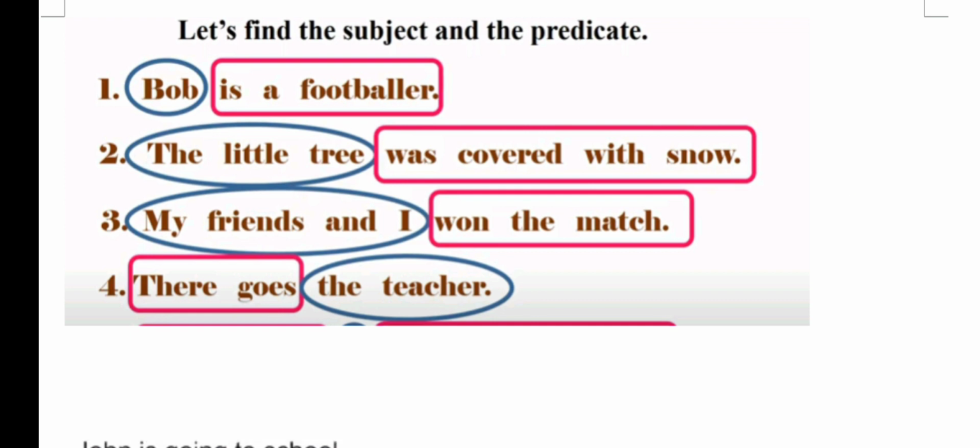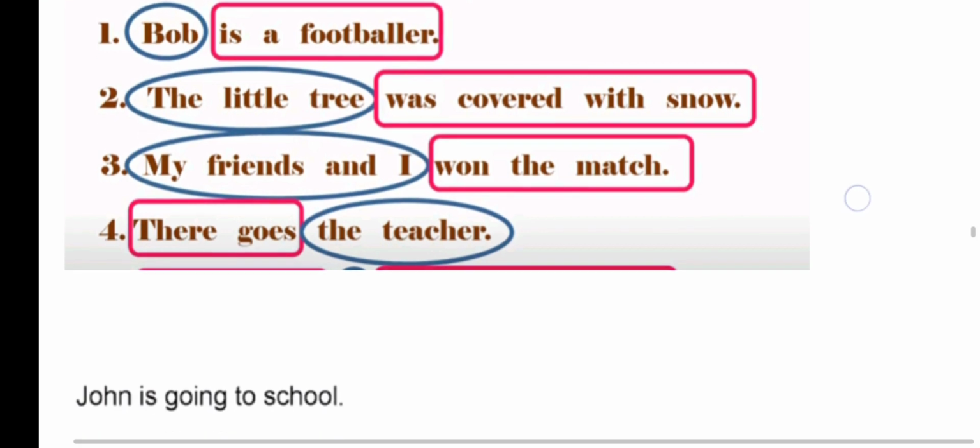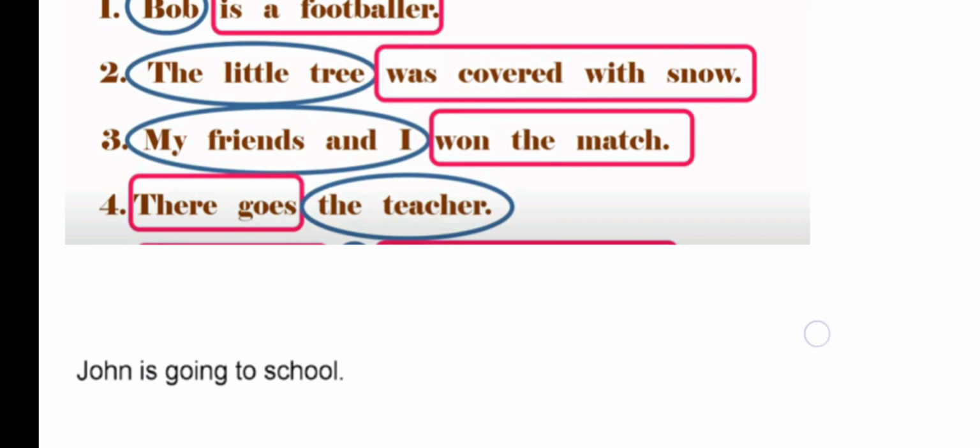But how to find it promptly? You have to check for the verb first present in the sentence, ask a question to that verb and then find that answer. That answer is the subject and the remaining part, everything is predicate.